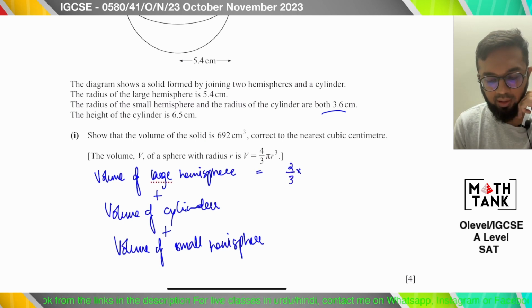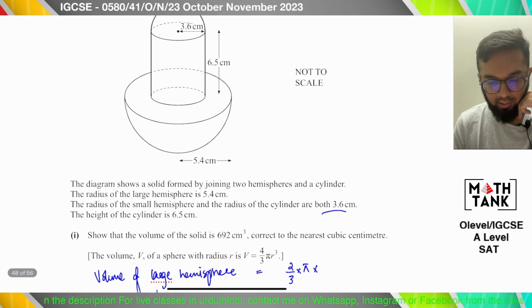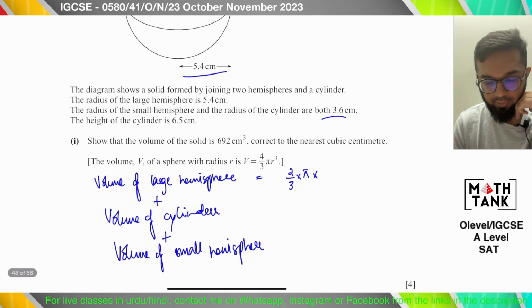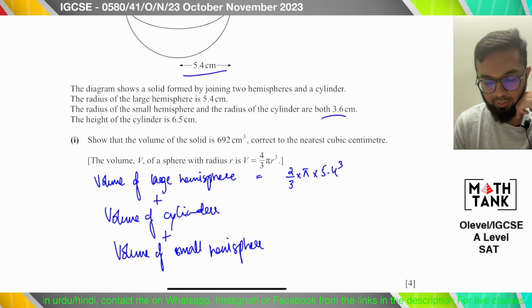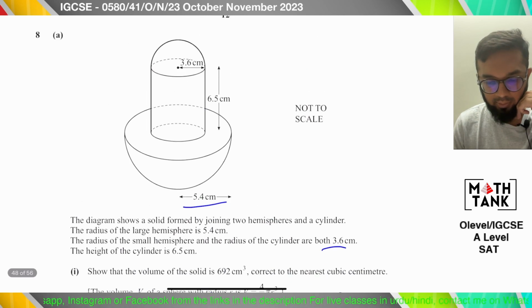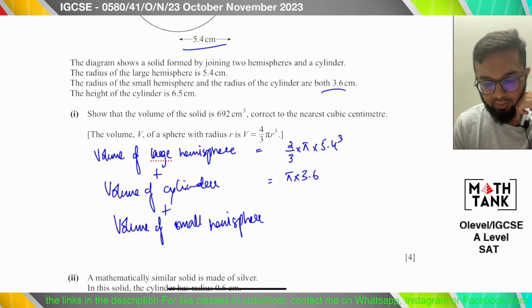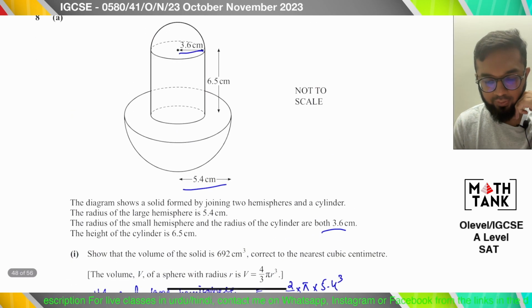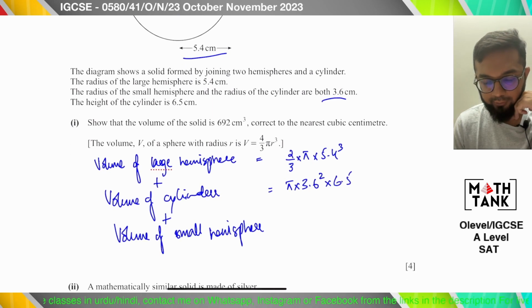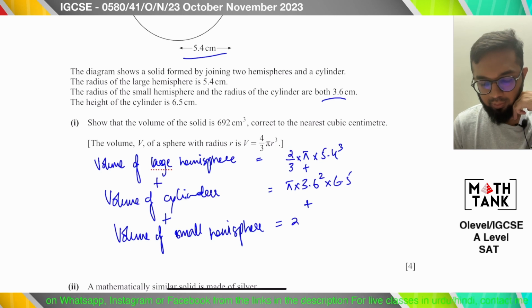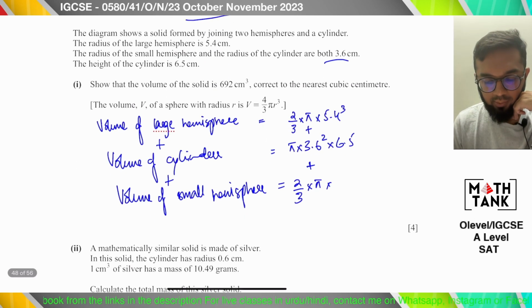It's 2 over 3 pi, and it says 5.4 in the bottom, so 5.4 cubed. Pi r squared h, what's the radius of the cylinder? It's 3.6. So 3.6 squared, h is 6.5, plus 2 over 3 pi, and 3.6 is the volume of the small hemisphere.